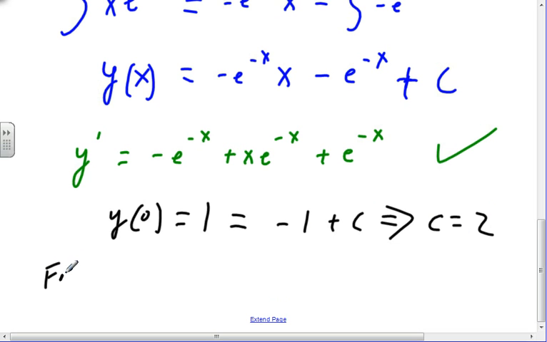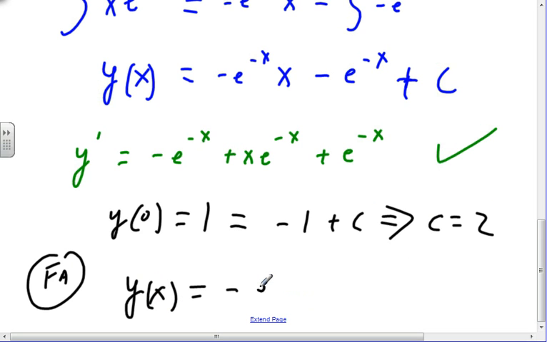So for my final answer, I'm going to have y of x equals minus x e to the minus x, minus e to the minus x plus 2. Good enough? All right, 10, 12, 15, 14.